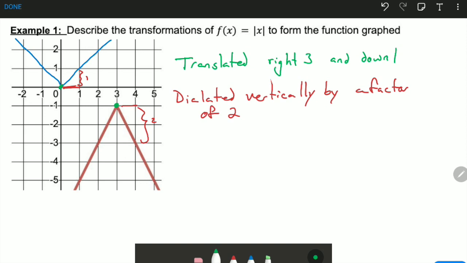Because the down part, that tells me it's also reflected across. Since it's a vertical reflection, flipping it downwards, changing that orientation downwards, that means that's across the x-axis. And there we go.